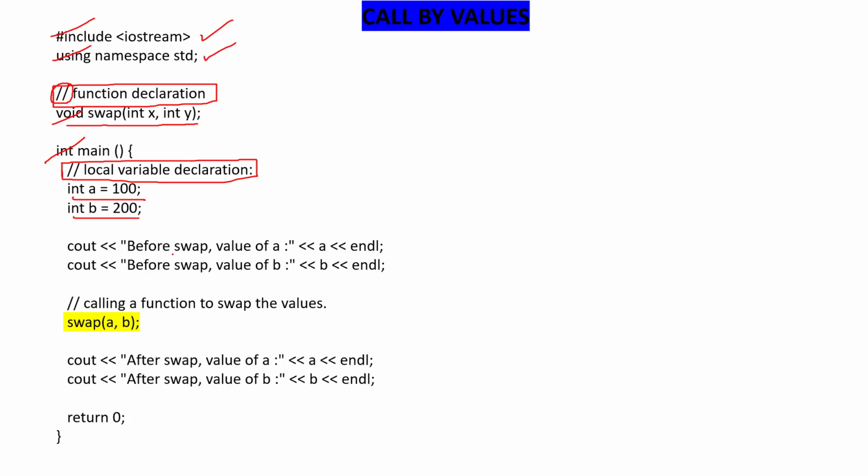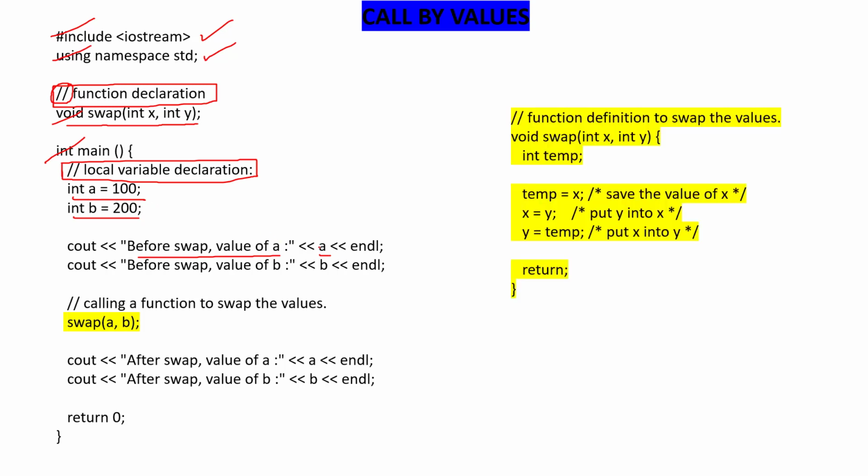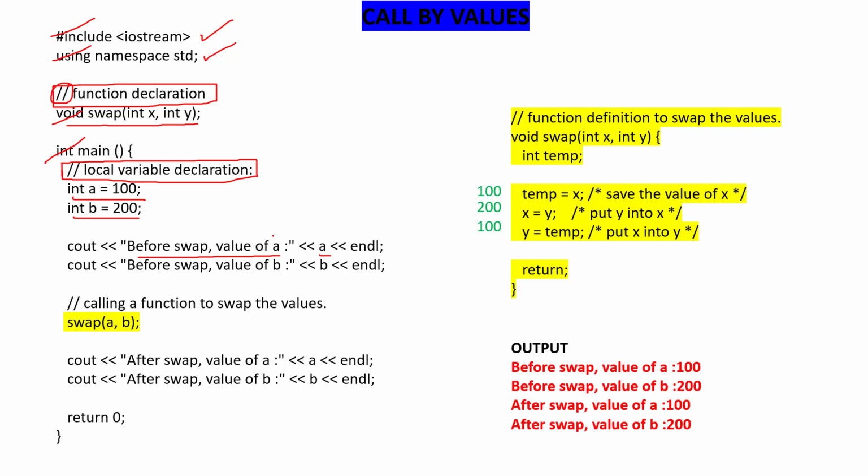Next, cout before swap value of a. So this will be there as such. A value is 100. We'll see the outputs parallelly, so this will be very clear to relate. So the output: before swap value of a: 100.